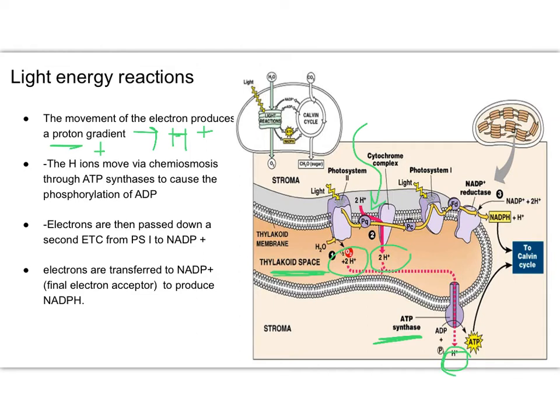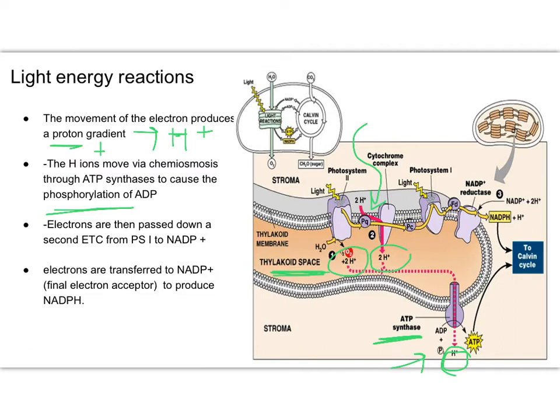When they go through that ATP synthase, that will phosphorylate ADP into an ATP. Phosphorylation, I just added a phosphate to that ADP. So it went from adenosine diphosphate with just 2 phosphates to adenosine triphosphate with 3 phosphates. So I added a phosphate there, and now I have ATP that I need for the Calvin cycle.